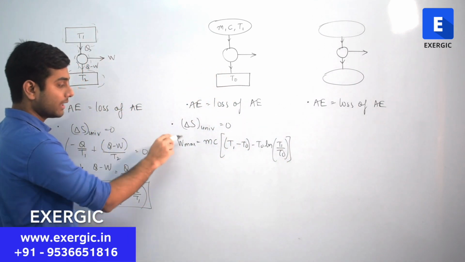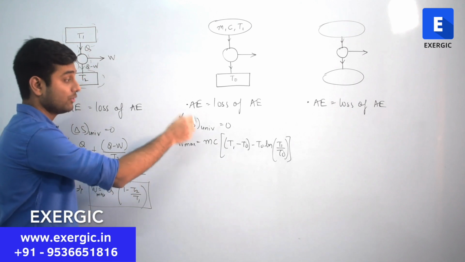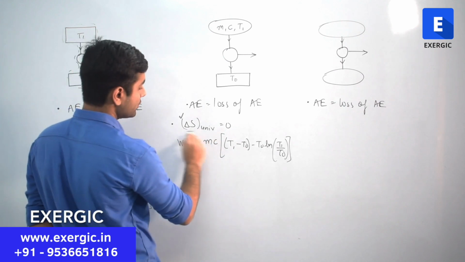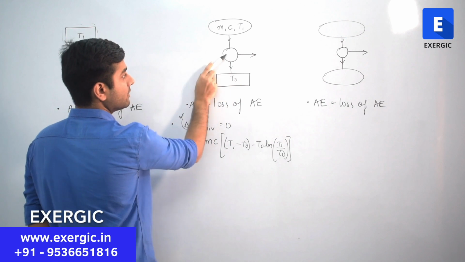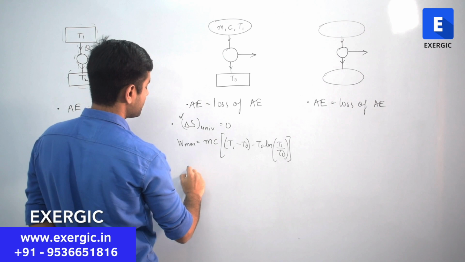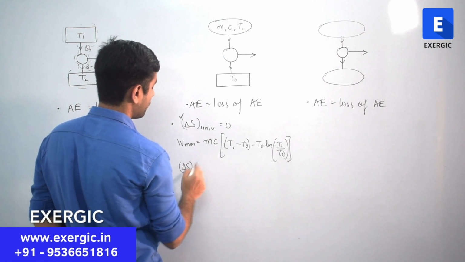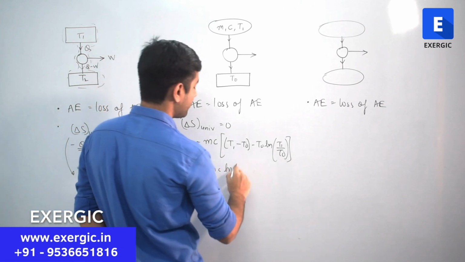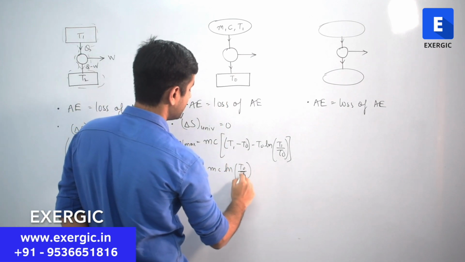And how did we reach this expression? By using delta S universe is equal to 0 only. How? Delta S of universe means delta S of this plus delta S of this plus delta S of this. For this delta S is 0 because it is a cyclic process. For this, delta S for body 1 is going to be MC ln final temperature. Ultimately it will cool down to T0, so T0 by T1.